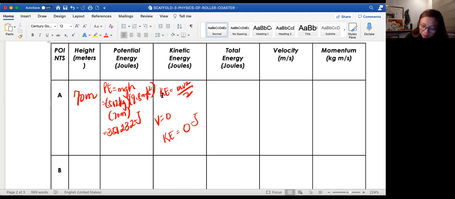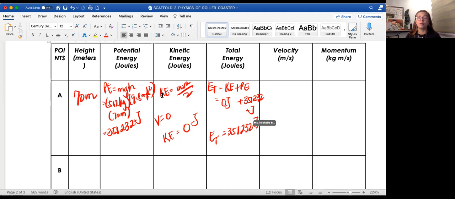E total is equal to kinetic energy plus potential energy. Thus, E total is 0 joules plus 351,232 joules, which is equal to 351,232 joules.